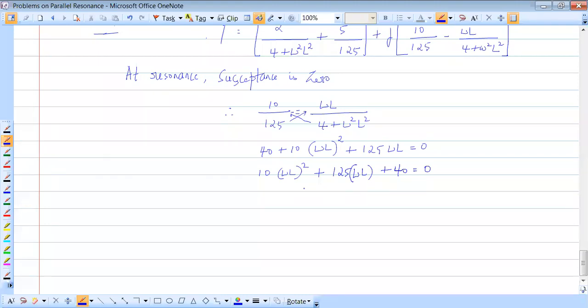Minus b plus or minus square root of b square minus 4ac divided by 2a. Do that.